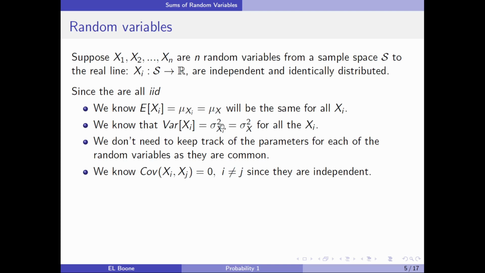And since they all have the same mean and variance, we don't have to keep track of the parameters for each one of them independently, okay? And since they're independent, we know that the covariance of Xi with Xj is equal to 0 when i is not equal to j. Now, we didn't actually prove that, but it is true. With little effort on your part, you can show that that is actually true.